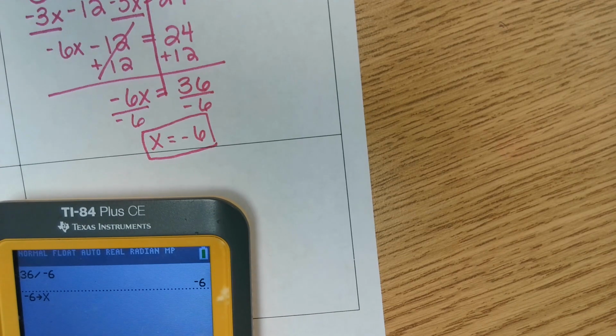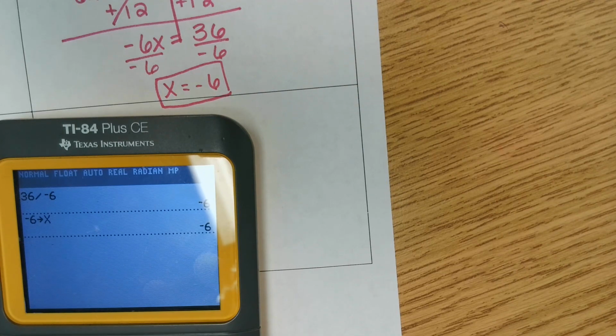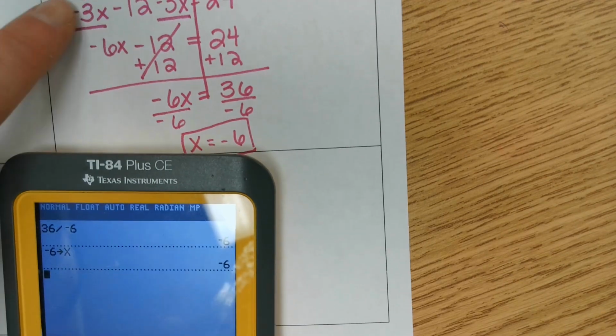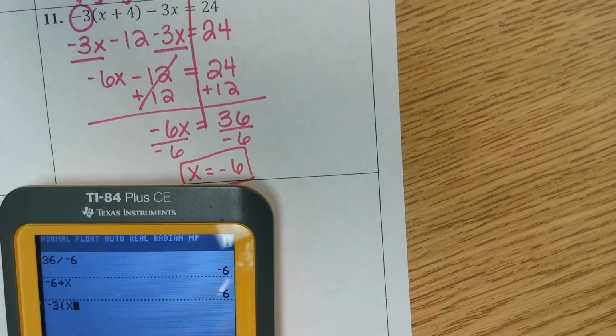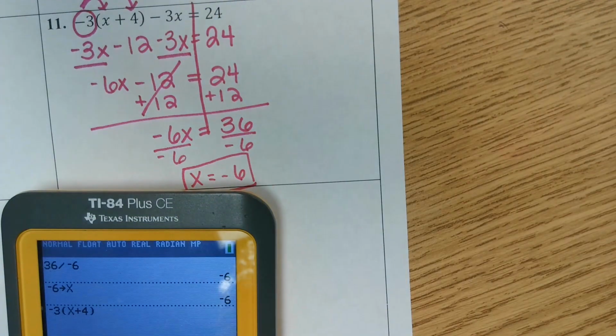And then we're using x. So -6 store x. Then we put this in, -3 parentheses, x plus 4, close parentheses. And if our answer is correct, it should come out to whatever the right side says.